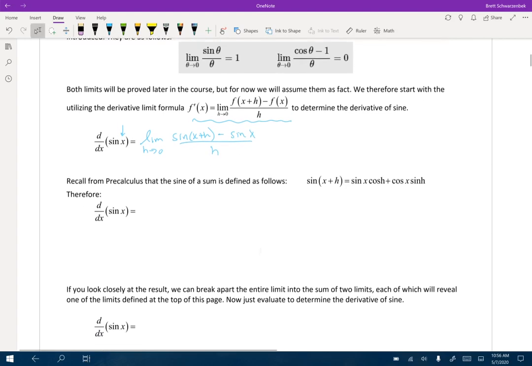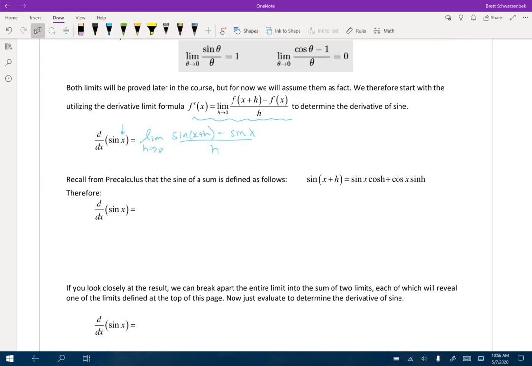That's our first step. It says, recall from pre-calculus that the sine of the sum is defined as follows. Here we have a nice little shortcut definition that you learned in pre-calculus of the sine of the sum, which is sine, cosine, cosine, sine. So we can now take this and expand it.